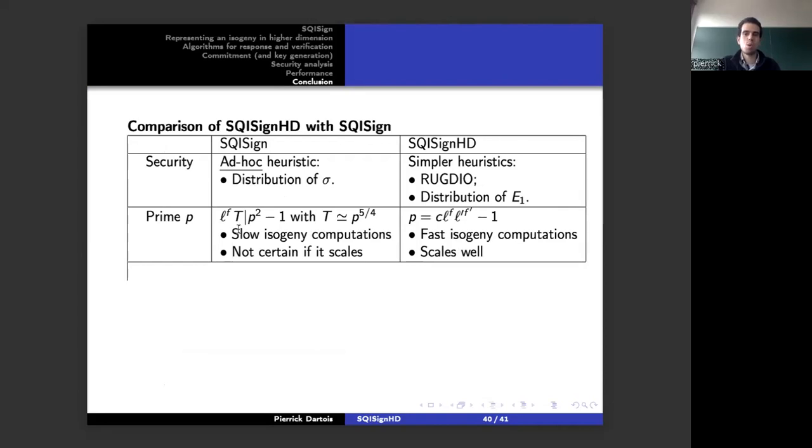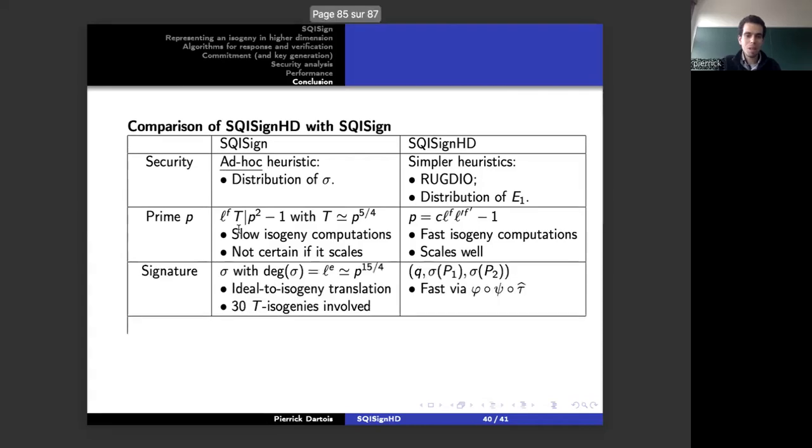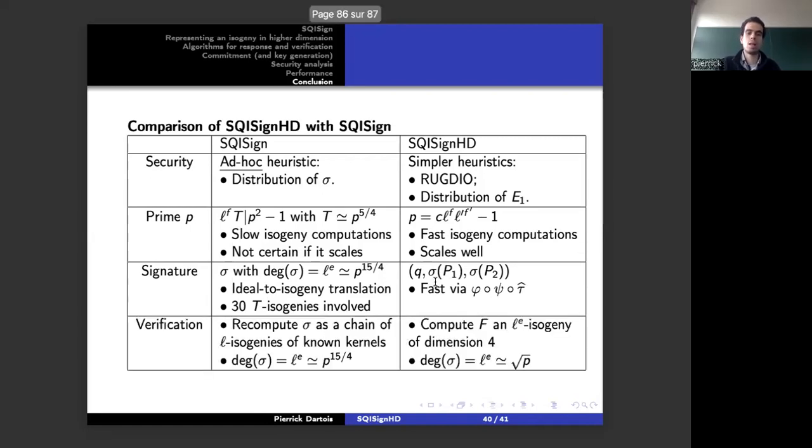And if I'm not wrong, it was even evoked in the previous episode of the Isogeny Club. The signature as well is much more efficient, as we previously said, at the expense maybe of the verification, but note that the isogenies in dimension 4 that we have are way shorter than the isogenies in dimension 1 that we needed to compute in SQISign.